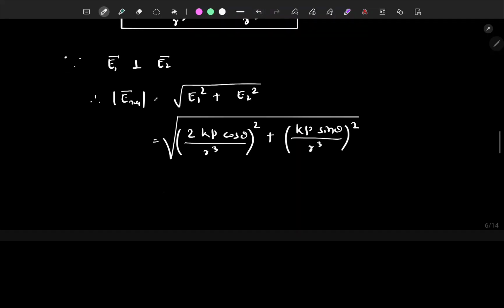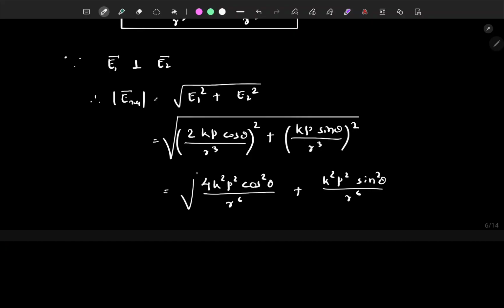So this will be equal to 4 k square p square cos square theta divided by r to the power 6 plus k square p square sin square theta divided by r to the power 6, root over.